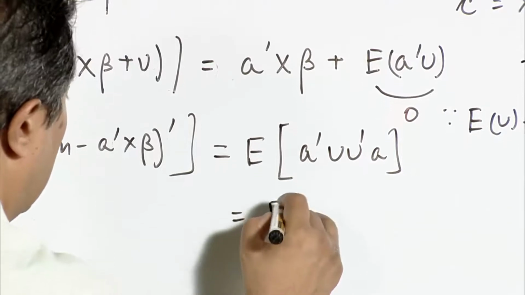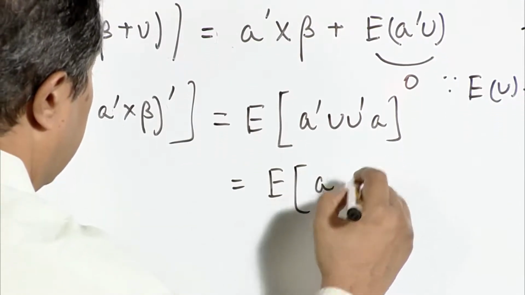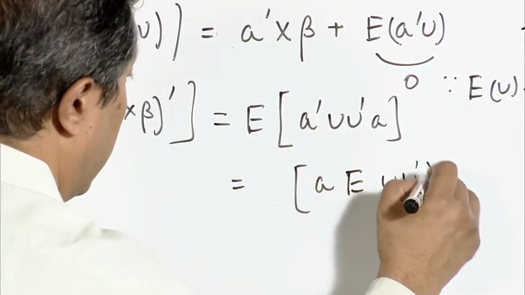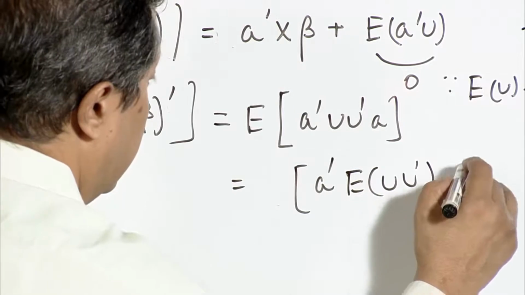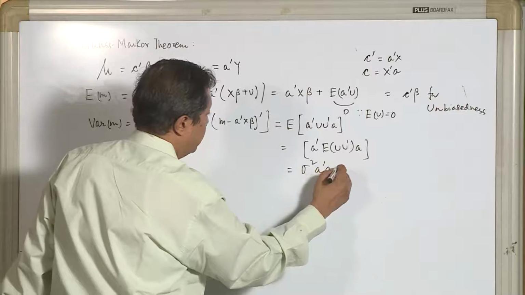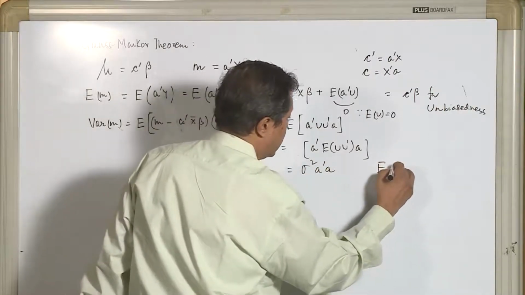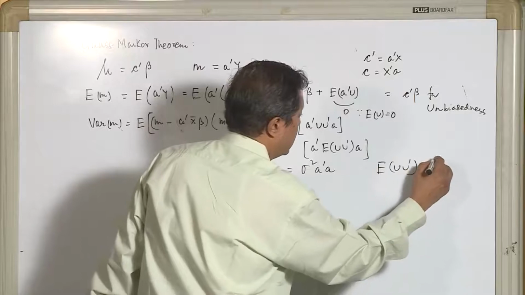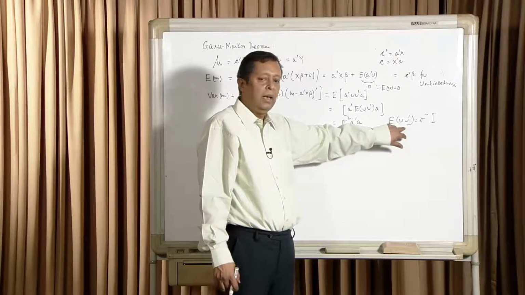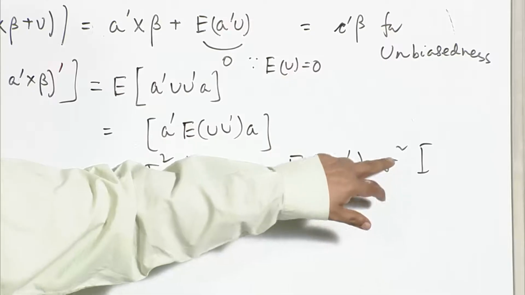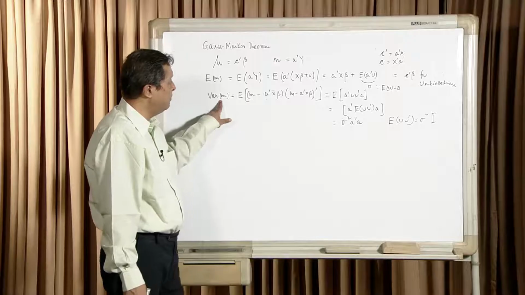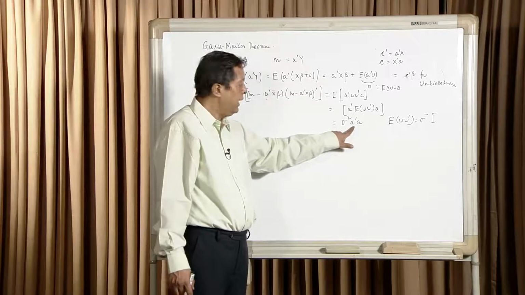Here we should put the expectation operator around u u prime, which equals sigma square I. That is the classical property: zero covariance, absence of autocorrelation, and homoscedasticity.